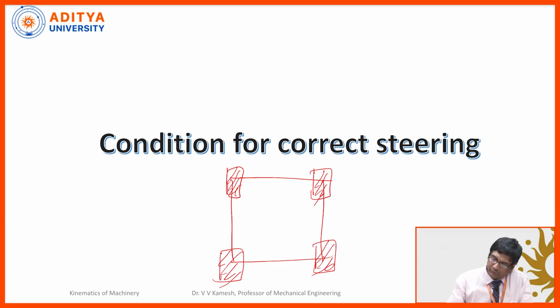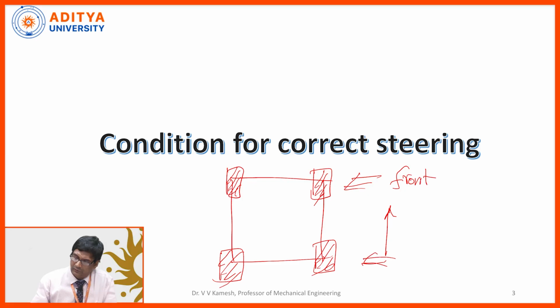Suppose I am going in a straight way. These two are front wheels and these two are rear wheels. I do not know whether the left tire is the inner wheel or the right tire is the inner wheel until I decide whether I need to rotate to the left or right.